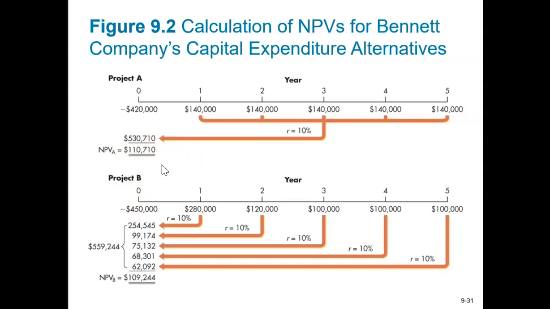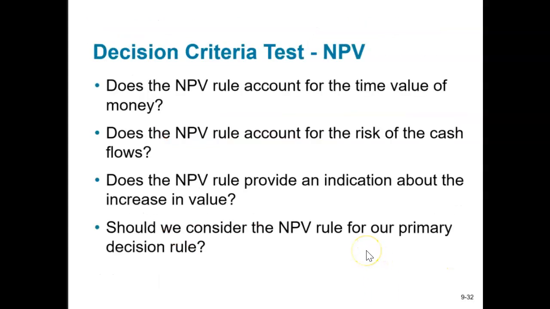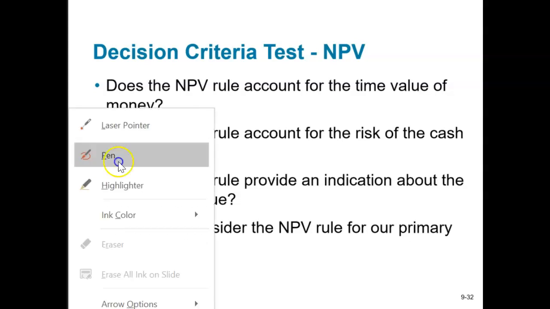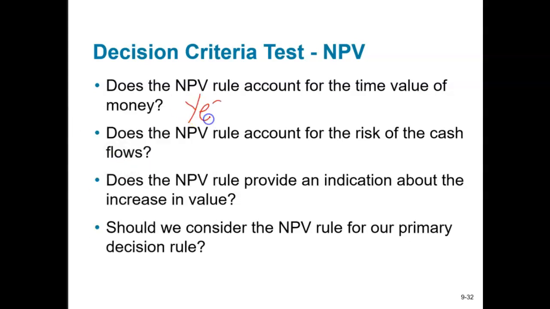Now let's see the litmus test, the 4 questions, the decision criteria test for the NPV. Does the NPV rule account for the time value of money? The answer is yes.